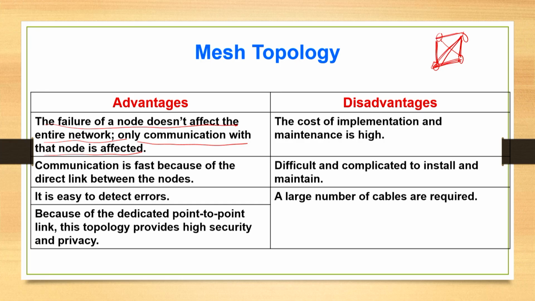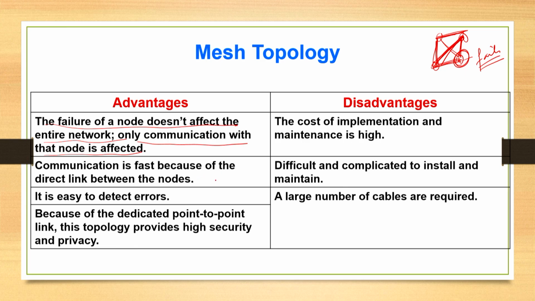Similarly, the case here. So, if this fails, then what will happen? Still they are connected because there is a path from here to this one, this to this one, and this to this one. So, it means what? Only that node is affected.